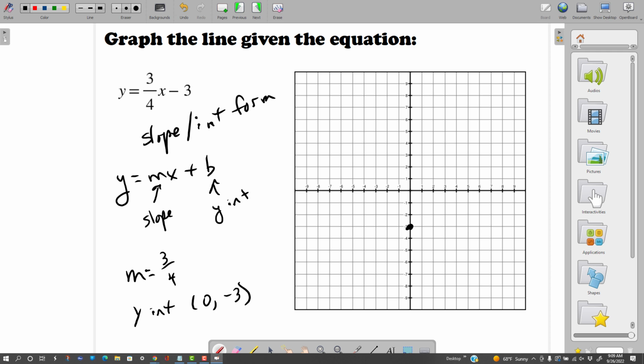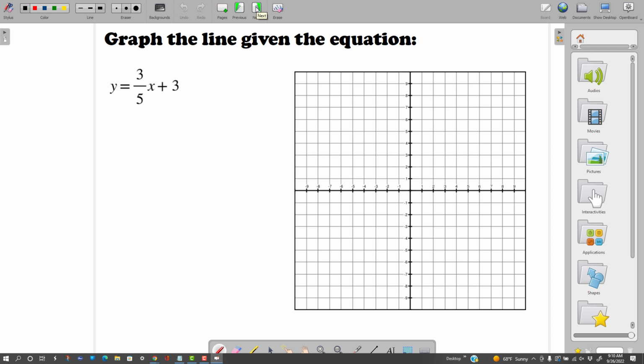My slope, rise over run, I go up 3, 1, 2, 3, forward 4, 1, 2, 3, 4, and that gives me my second point. I can now draw a line through these points, and I get something like that.